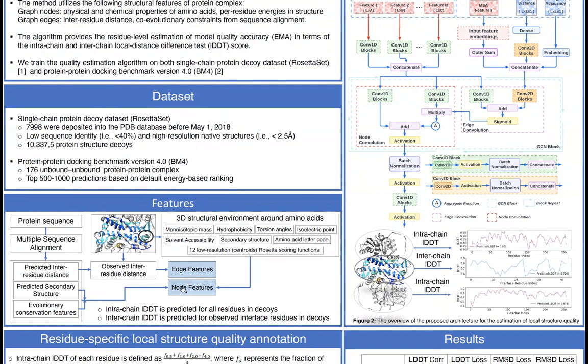These sequence features are encoded as node features, combined with the structural features we can derive from the 3D models, including a list of structural features to describe the local quality of every amino acid in the 3D models. In order to encode the edge features, we also extract the observed inter-residue distance from the 3D model, combined with the predicted inter-residue distance, to encode the edge embedding for the graph learning.